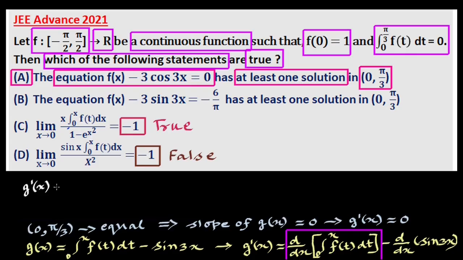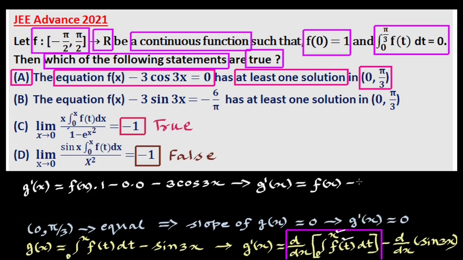Accordingly, g dash x will be, replacing t by the higher limit, f(x) into the derivative of the higher limit x, which is 1, minus the lower limit 0 into the derivative of the lower limit, 0, minus d by dx of sin 3x, which is 3 cos 3x. So g dash x will be f(x) minus 3 cos 3x, which in option A is given to be 0.